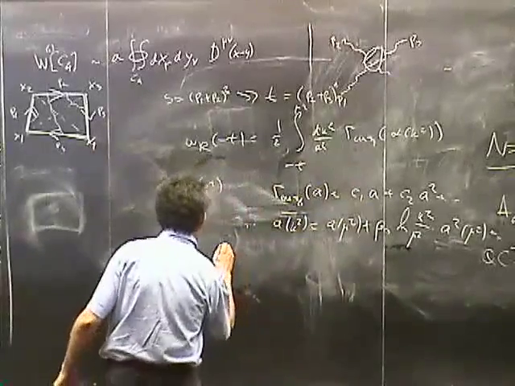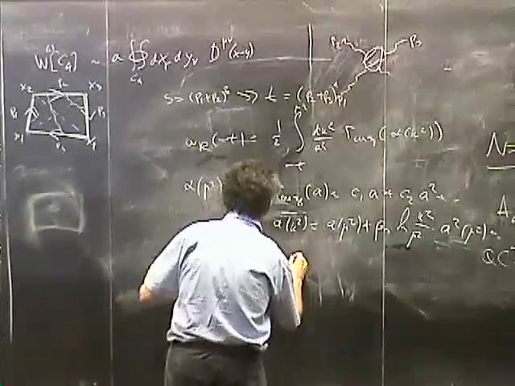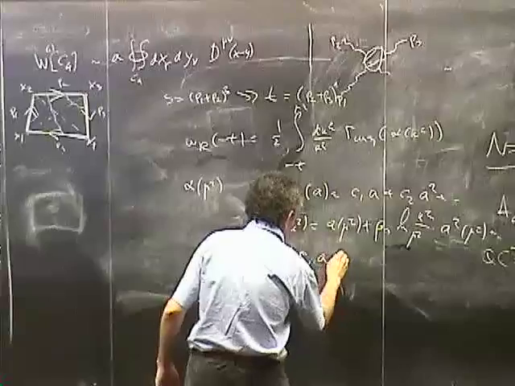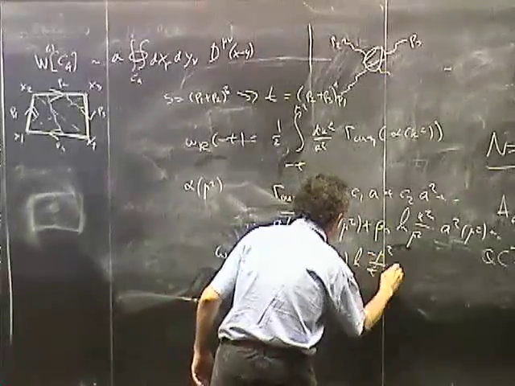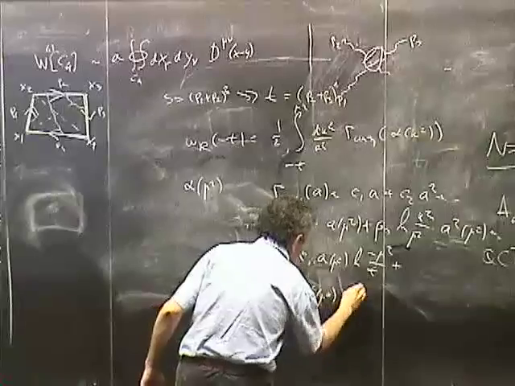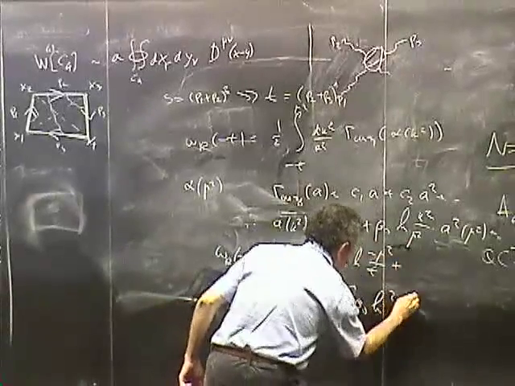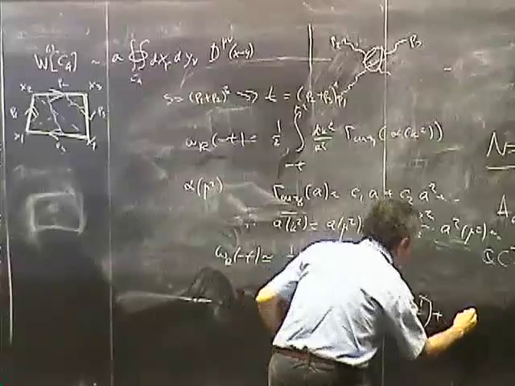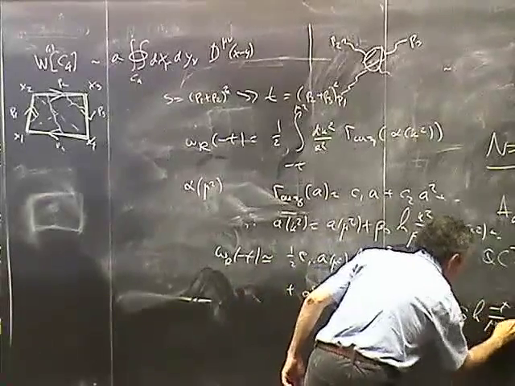So omega of minus t will, roughly speaking, modulo a factor of one half, be proportional to the one-loop cusp times a of mu squared times the logarithm of minus mu squared over t. And then at two loops, the beta function appears with a term proportional to the second power of a of mu squared, and then there will be the first power of the logarithm which comes from the two-loop cusp anomalous dimension.